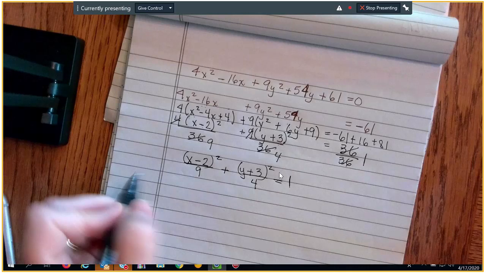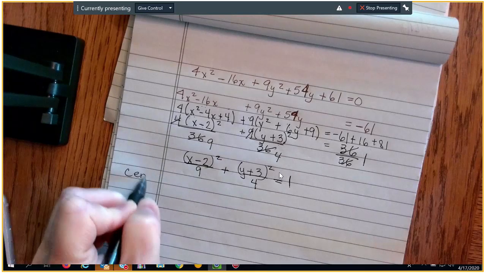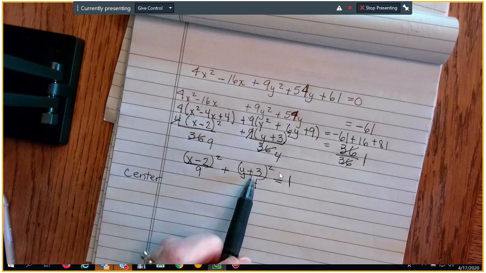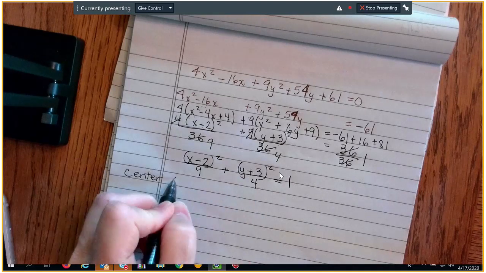So to find this, we're going to say that our center, and our equation is always negative, so this is going to be 2, negative 3.